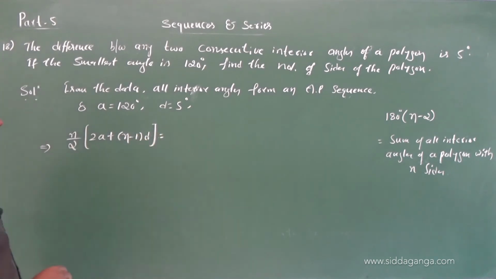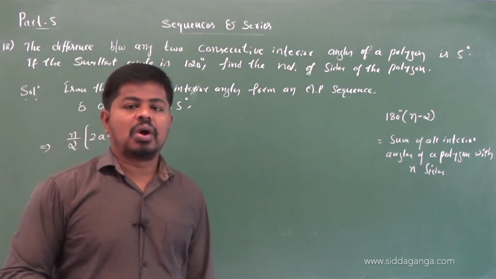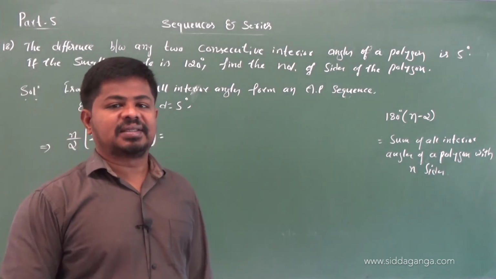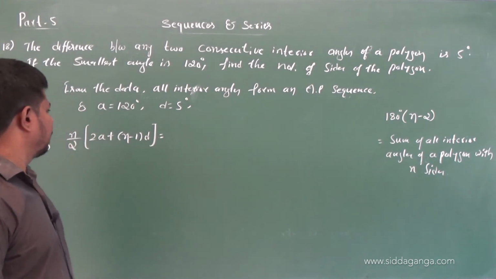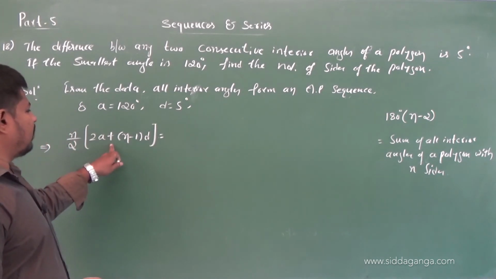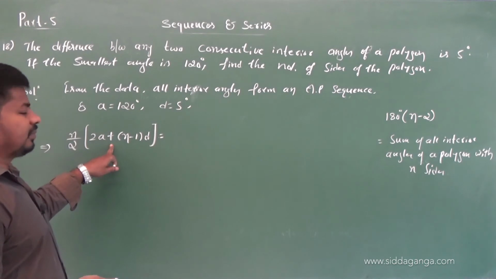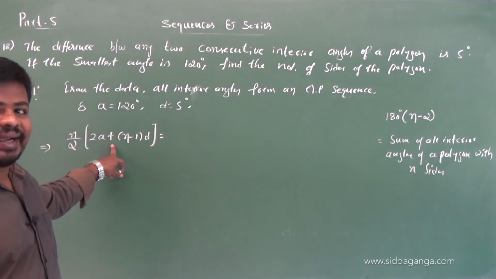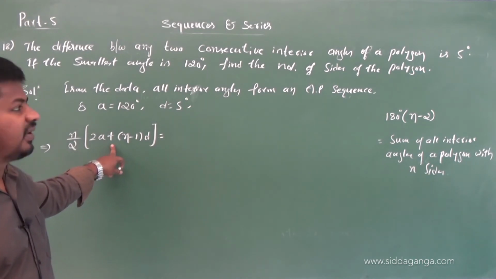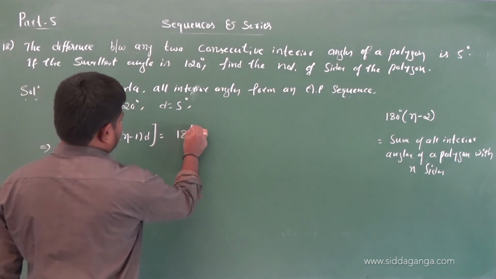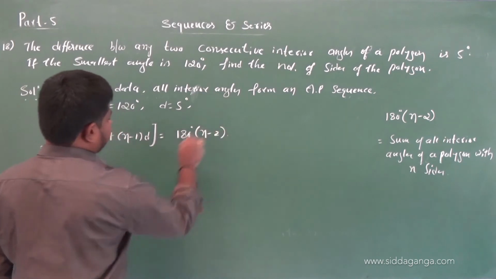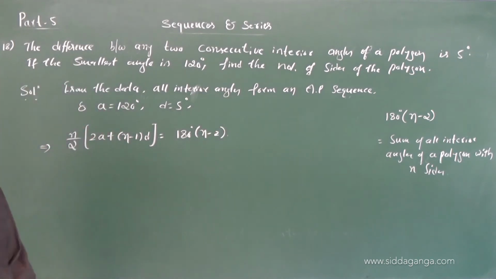This gives the sum of all n interior angles, because they form an AP sequence, no? And the sum of all interior angles of a polygon with n sides is 180 into n minus 2. I am equating these two.